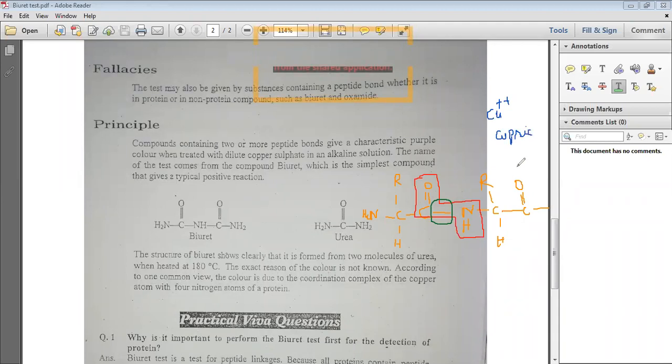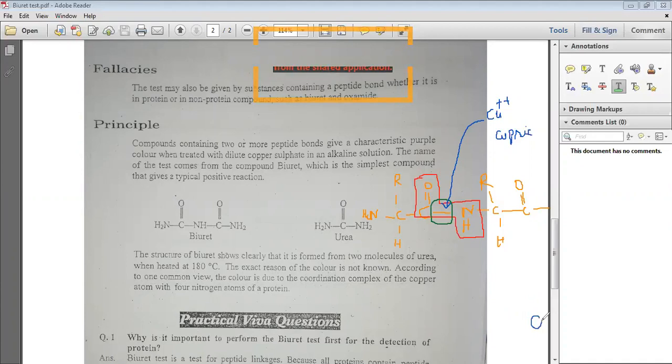Proteins would have peptide bonds. When we add the copper sulfate, that copper sulfate would provide us a cupric ion. This cupric ion would attack at this peptide bond, and this cupric ion establishes a complex compound.